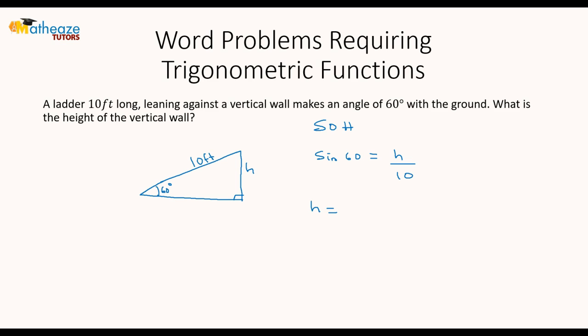So h is going to be 10 multiplied by sine of 60 degrees. Sine of 60 degrees is square root of 3 over 2. So your height is 5 square root of 3 feet.